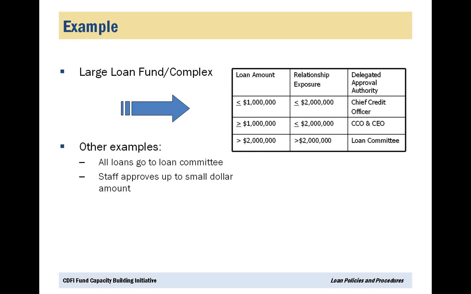They make loans over $1 million, and they have relationships where they have multiple loans, perhaps over $1 million to one borrower. So they show that if the loan's under $1 million and the total relationship exposure is under $2 million, then the chief credit officer can approve the loan.